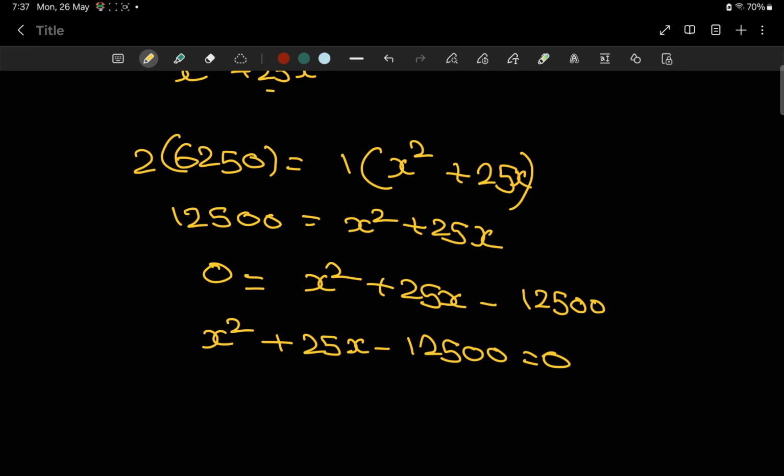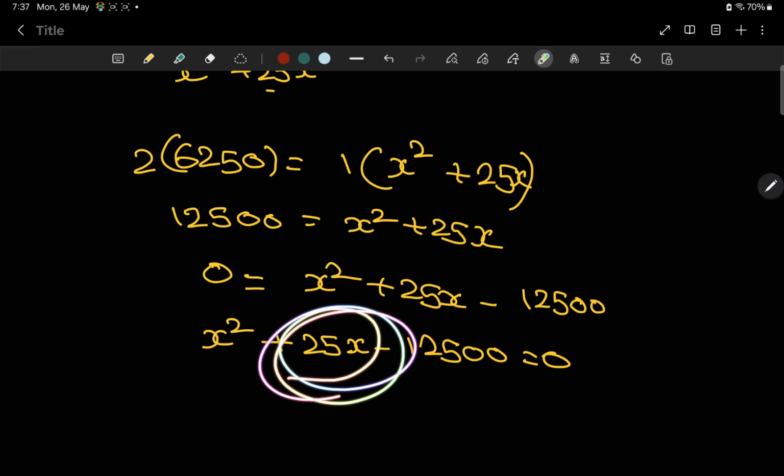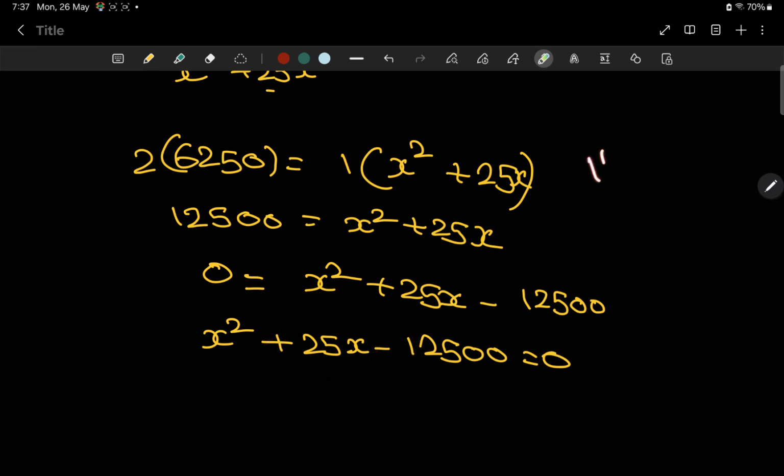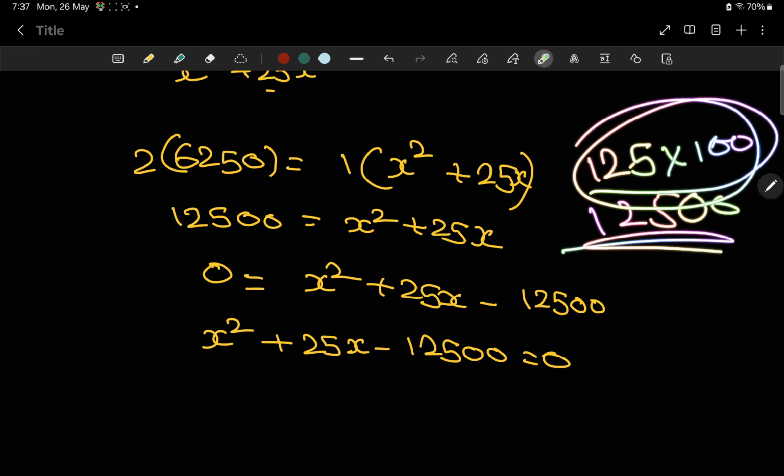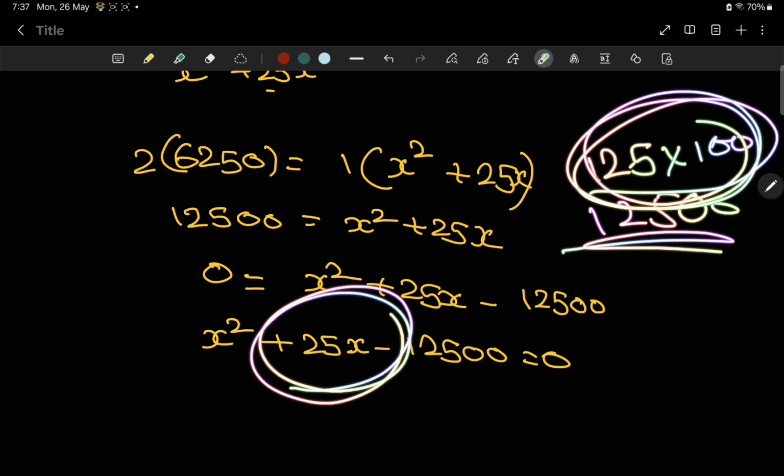Now we have to factorize it. How can we factorize? Let's see what we have to factorize this 25 here. So let's see, 125 into 100, what is it? 12,500. So this is needed to factorize this 25.